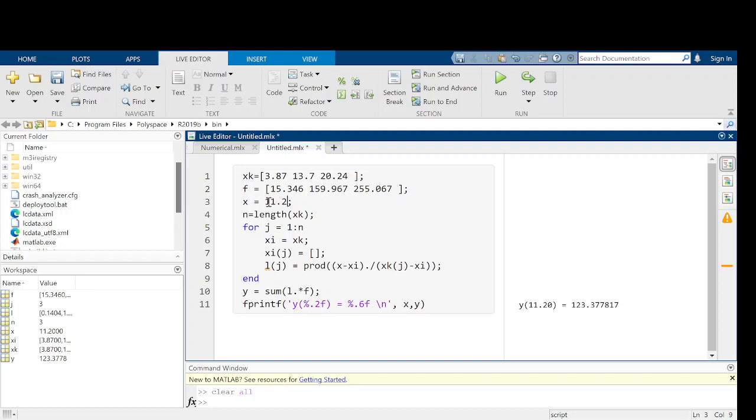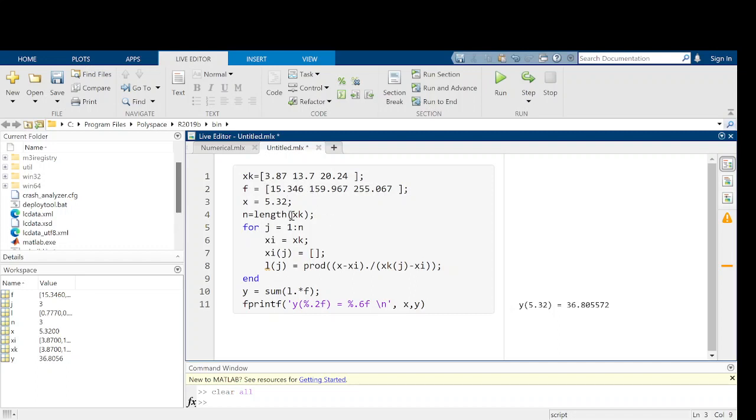If I want the value at 5.32, I'll change the value of x and run, and I'll get the value of y at that point. So basically, this is how we use Matlab to do the interpolation using the Lagrange interpolating polynomials.